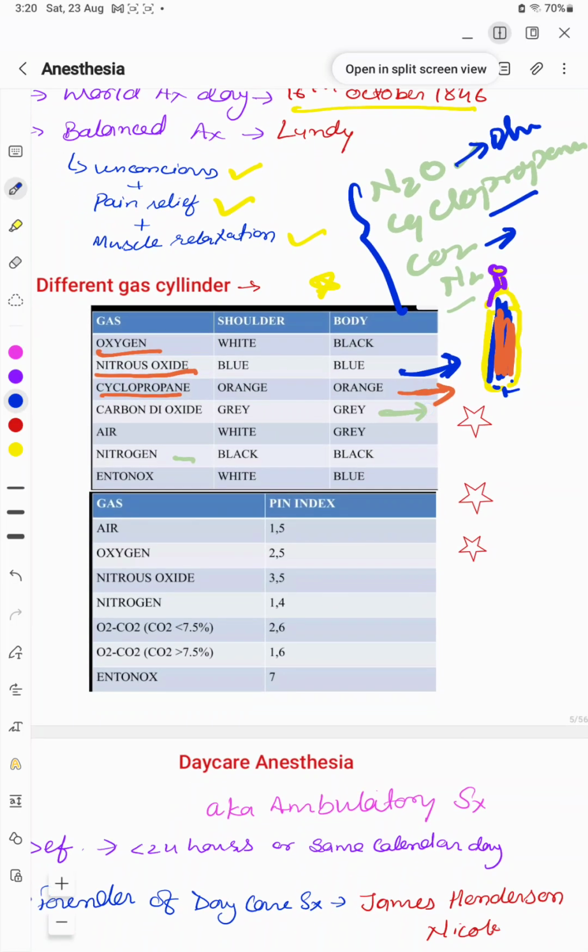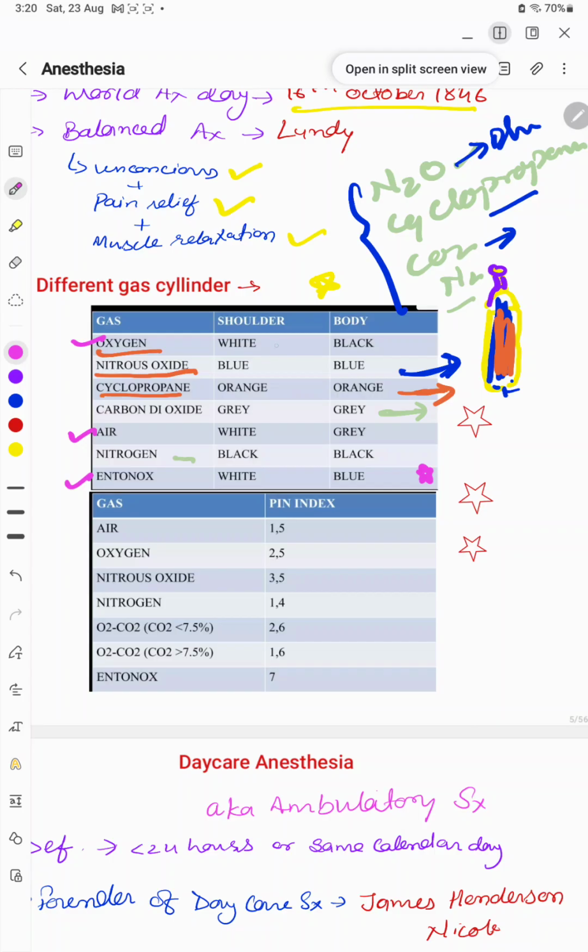Now you are left with oxygen, air and Entonox. Entonox is also important. They also ask questions on Entonox. Now you can see the shoulder for air, oxygen and Entonox is the same, white, and the body is different.